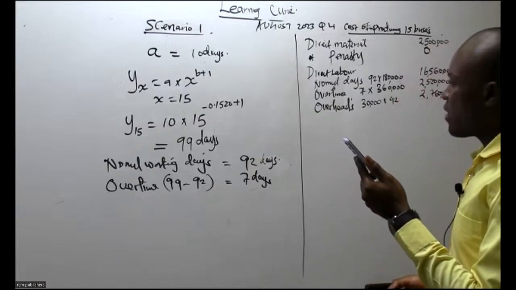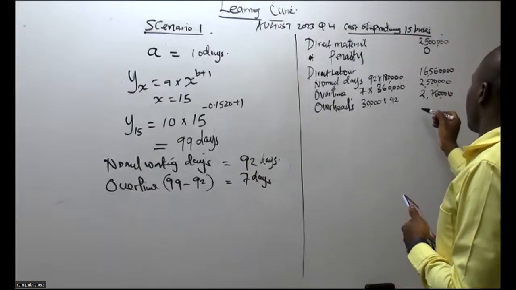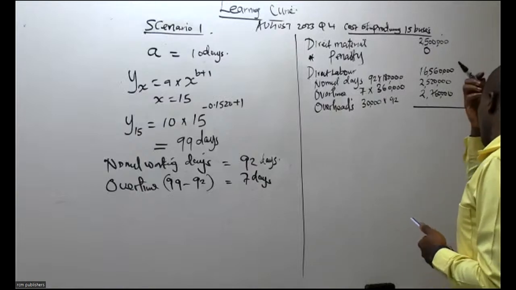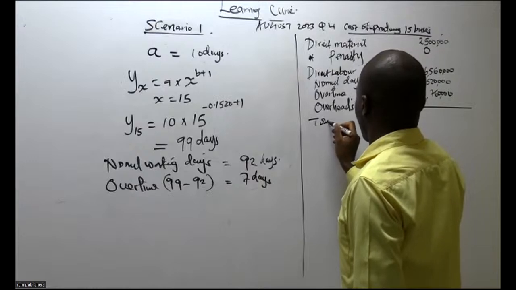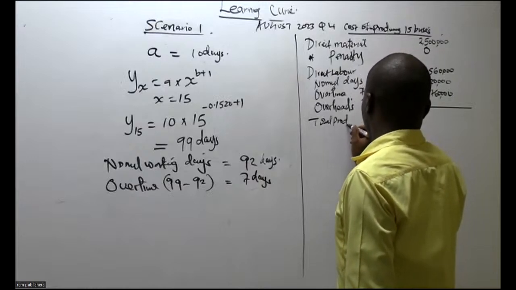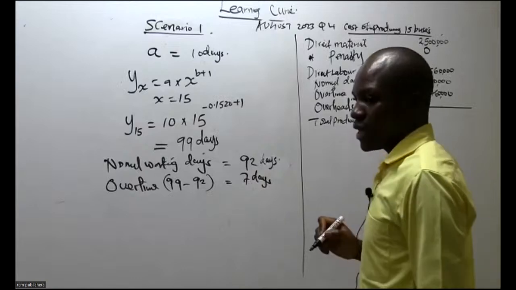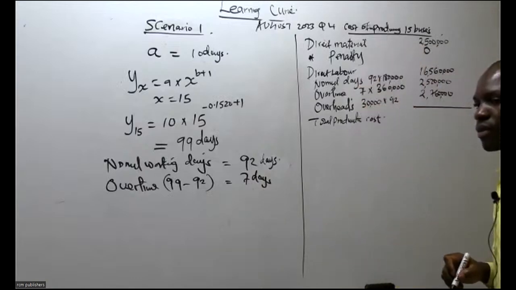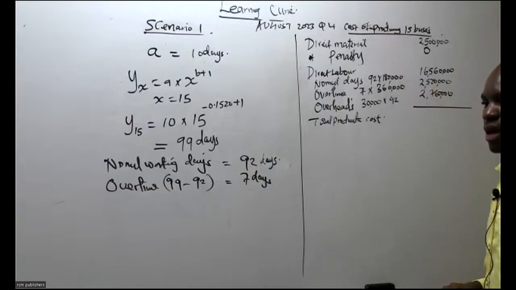Do we have any cost incurred? There is none. So give us the total production cost under scenario 1. Tutakuwa na ngapi? Total production cost of 15 buses under scenario 1.